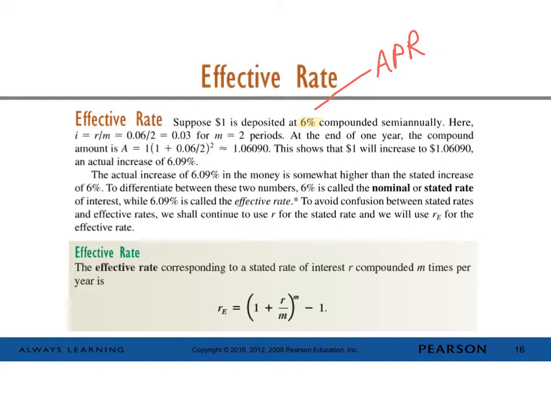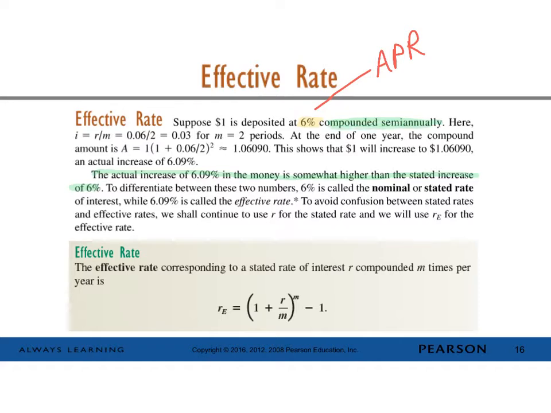Now we also have something else that we're going to talk about here called the effective rate. The effective rate is the actual increase of the money, which is actually 6.9%, which is a little higher than the annual stated interest rate of 6% because it's been compounded semi-annually.